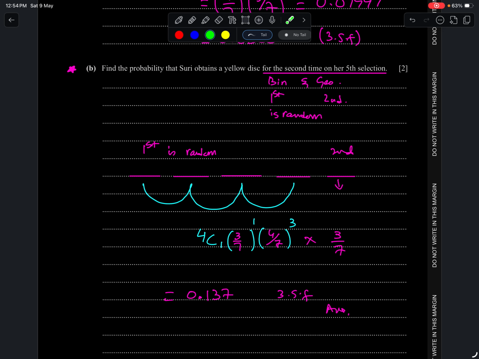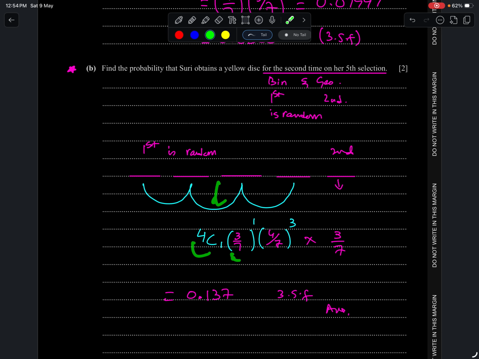So the selection of the first disc is random, so any one from 4 can be the first disc, and this 5th one is fixed. This should be the second yellow disc. So we can have the yellow disc here or here or here or here, anywhere out of 4 positions. So we are using binomial here.